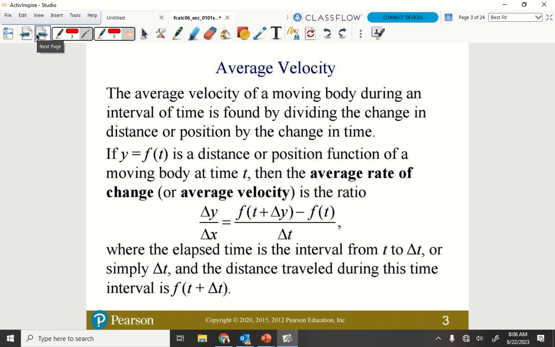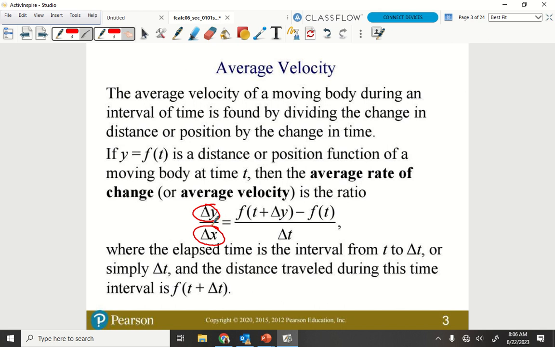Average velocity would be the velocity of a moving body during an interval of time. And it's found by dividing the change in distance or position by the change in time. Delta y over delta x. So it's the change in y over the change in x. Average rate of change or average velocity is the ratio: f of t plus delta t minus f of t, divided by delta t.